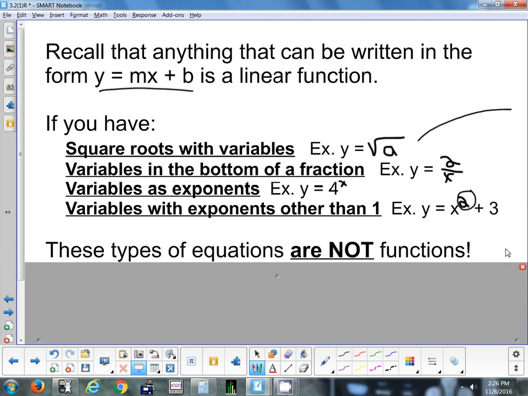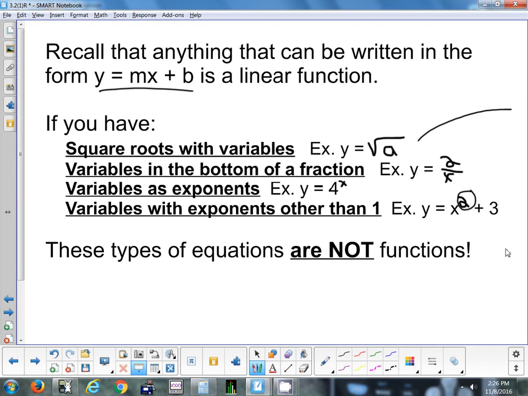All right. So you guys understand all these types of things are not linear functions. You don't have to know what they actually look like. You just have to know that they are not lines. You'll have to call it a special name for them.